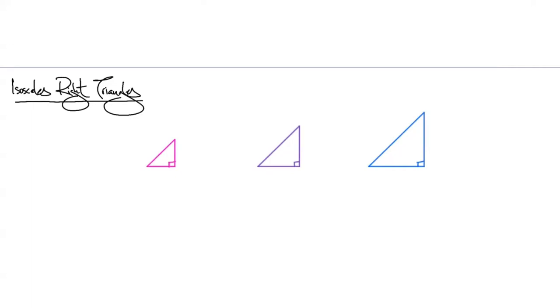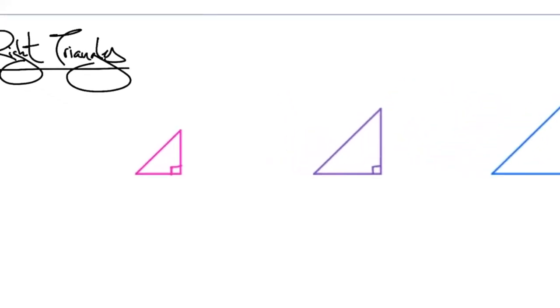So when we're looking at these triangles, one thing I do want us to notice is that we should put in some marks to make sure we know that two of the sides are the same. In particular, in this little pink triangle, this side and this side are the same length. In the purple triangle, this side and this side are the same length.